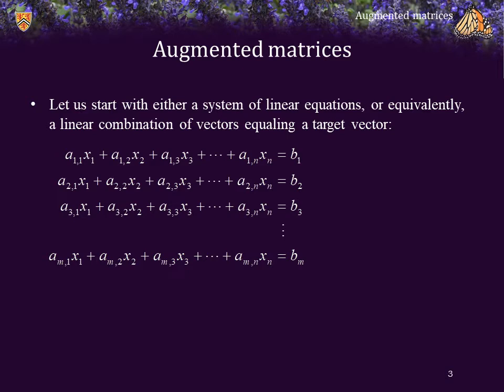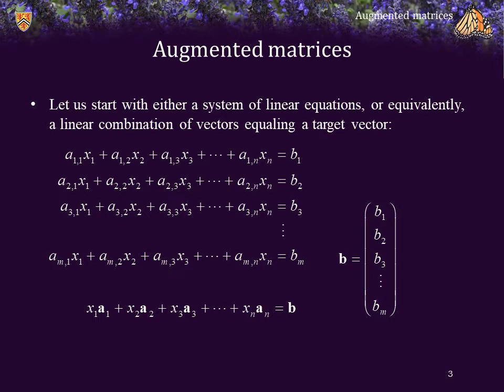Let us start with either a system of linear equations or, equivalently, a linear combination of vectors equaling a given target vector. In the second case, the vector b is simply the right-hand side of each of the linear equations, and the vector a sub j are the coefficients of x sub j in each of the corresponding equations.